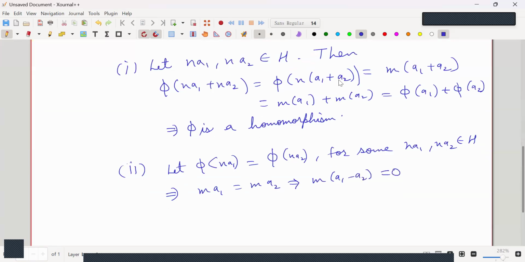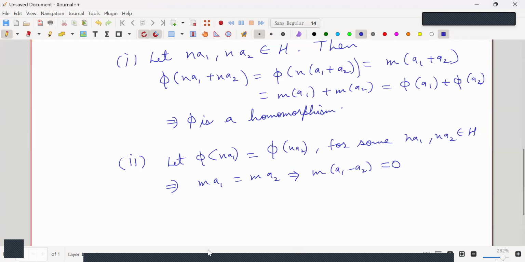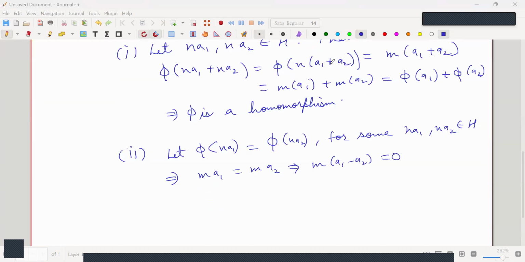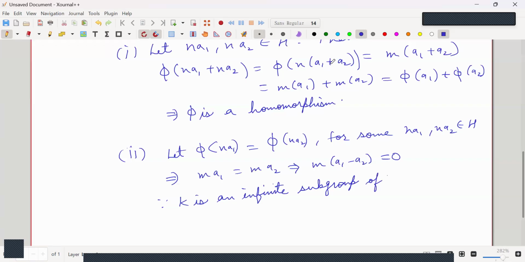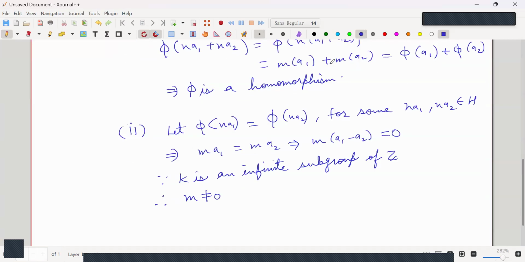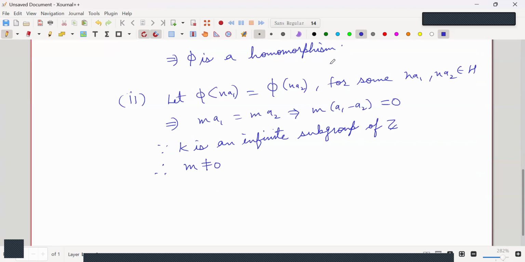Now there are two possibilities: either M is 0 or A1 minus A2 is 0. Since K is an infinite subgroup of Z, M is non-zero. That's the place where the infinite subgroup of Z is being used.